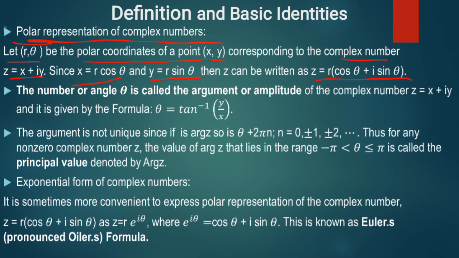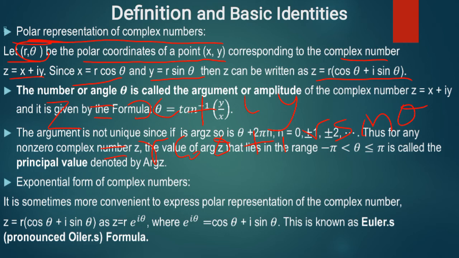How did they get that? You know that z is equal to x plus iy. And now, using the polar coordinates, our x is r cos theta and y is r sine theta.